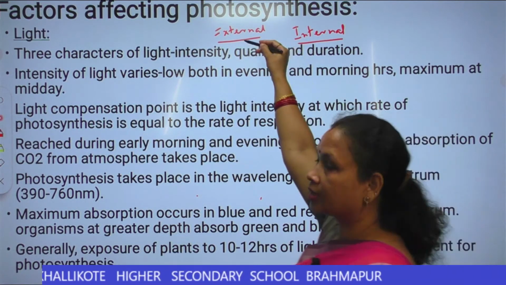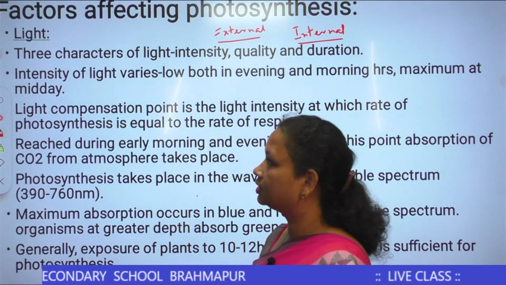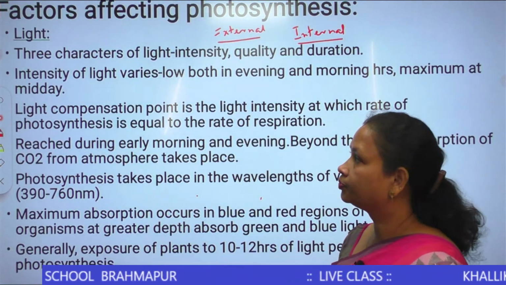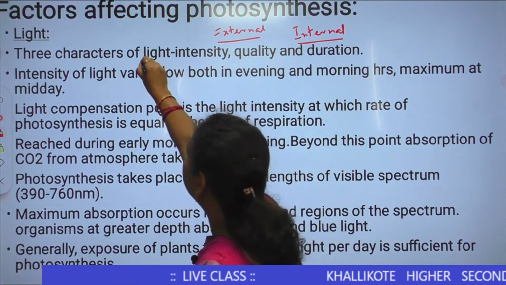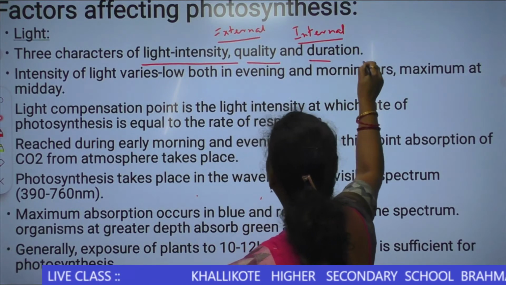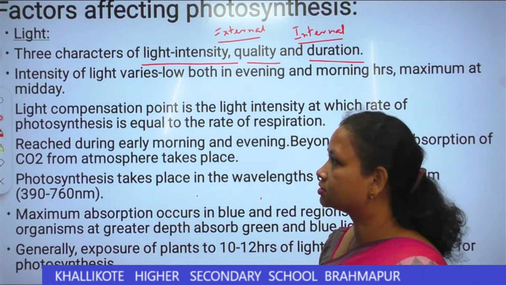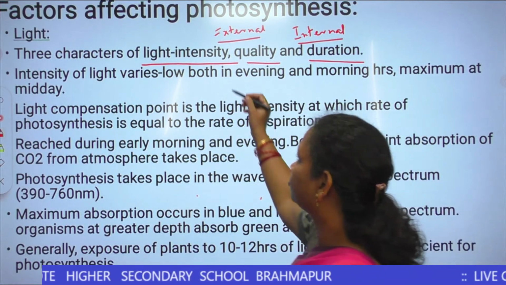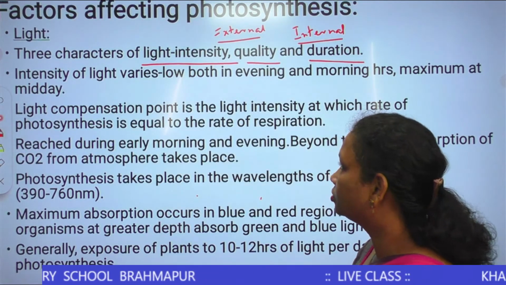Let us have a look at the external factors first. The main factor here is light. Three characteristics of light, that is intensity, quality and duration, will affect the rate of photosynthesis, because photons of light have to be harvested for the light reactions to occur.